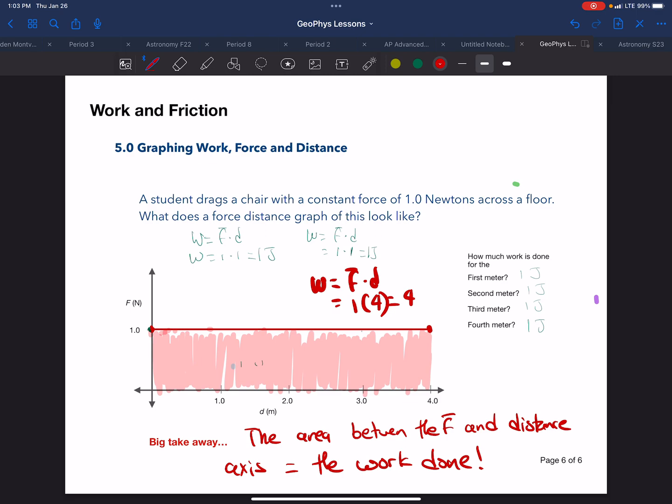We may recall from earlier in the course, we had a graph where we had position and time, and we found out that the slope was the velocity. And you may also remember that if you have the velocity time graph, the slope was the acceleration.